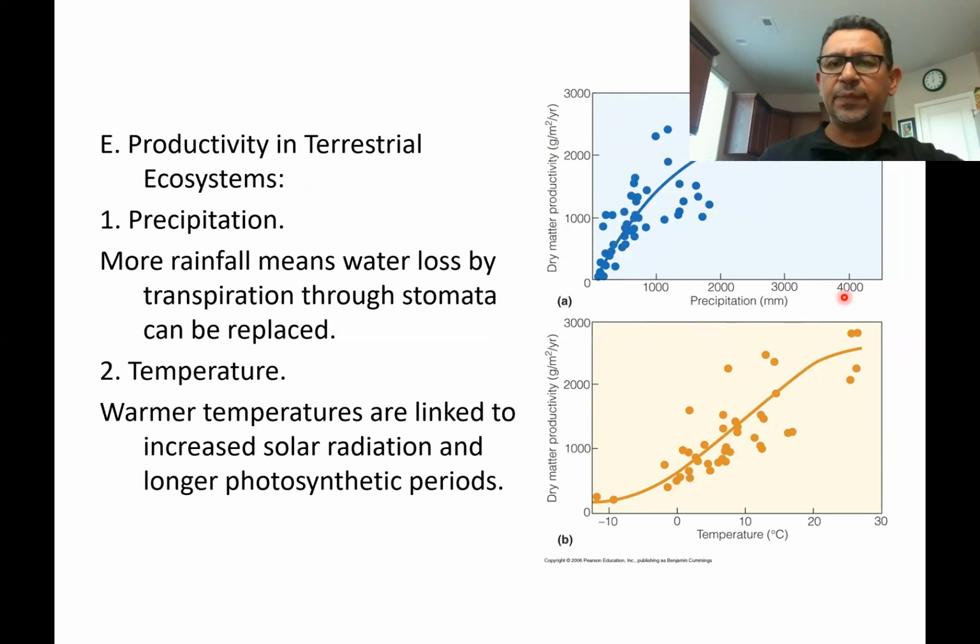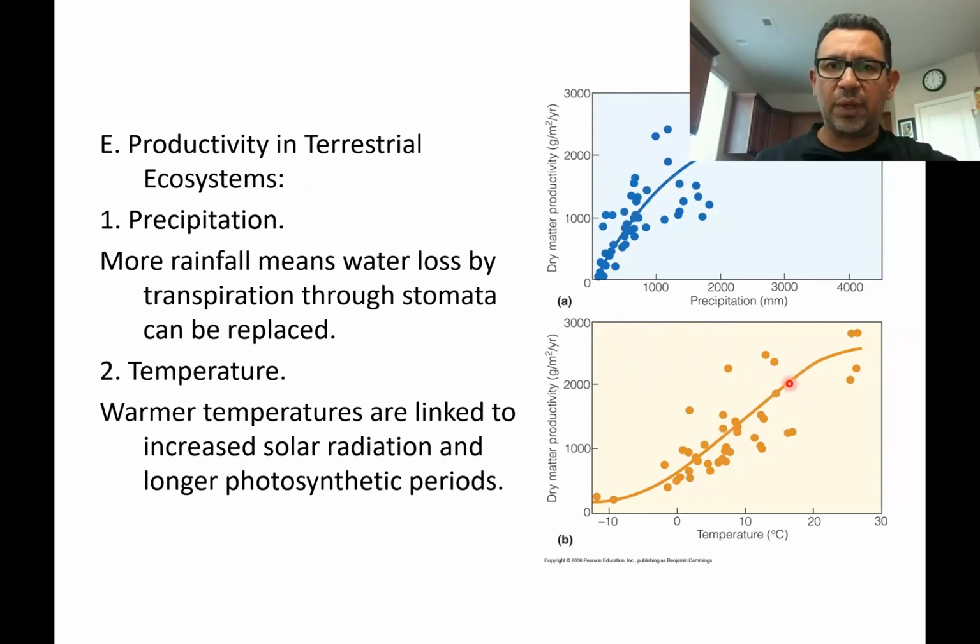Temperature also has a significant role in productivity in terrestrial ecosystems. And so you can see that in environments where temperatures are too cold on average, productivity will be lower. But as the temperature increases, productivity is going to be increasing.